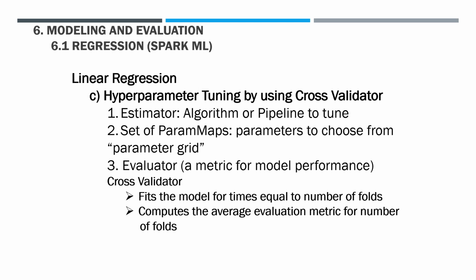Then for the next run, it will use the first and third divisions as the training data set and the second division as the validation data set, and so on. And when it computes the average evaluation metric, it does the average for all the folds.